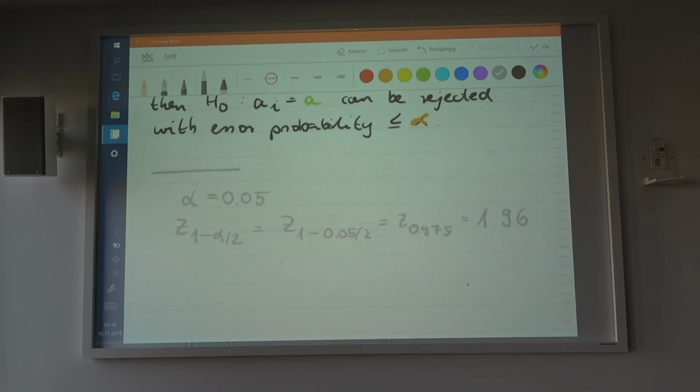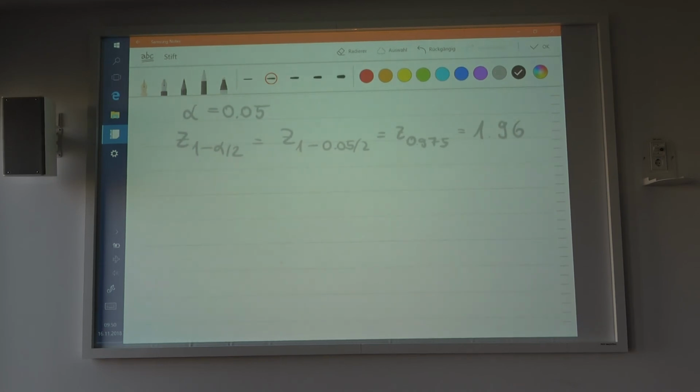So what does it mean? What would be the interpretation? This is the density function of the standard normal distribution. Here you have 1.96. Since this is the 0.975 quantile, the area under the density function from minus infinity to 1.96 is equal to 0.975.